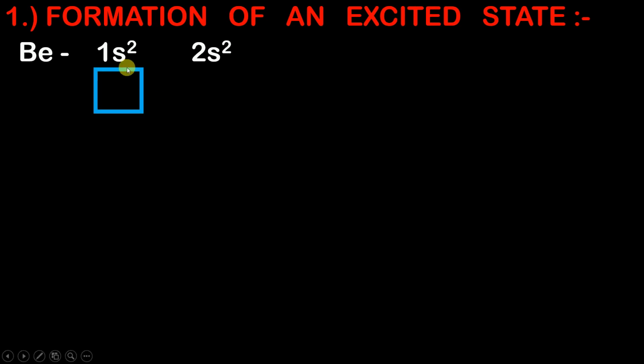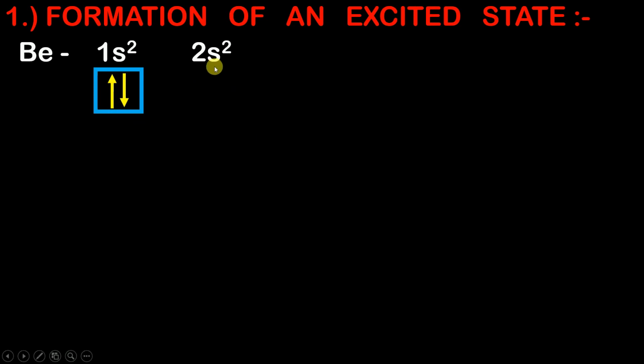Inside this S subshell there are 2 electrons present, so to represent these 2 electrons we draw 2 arrows, and these 2 arrows are in different directions, indicating that they are moving opposite to each other. One is moving anti-clockwise and the other is moving clockwise.